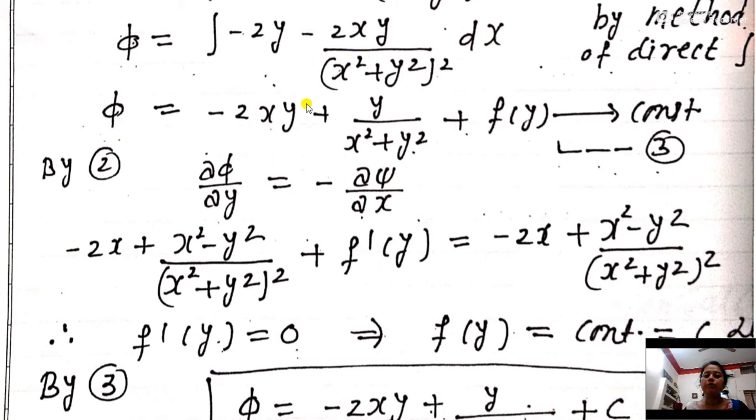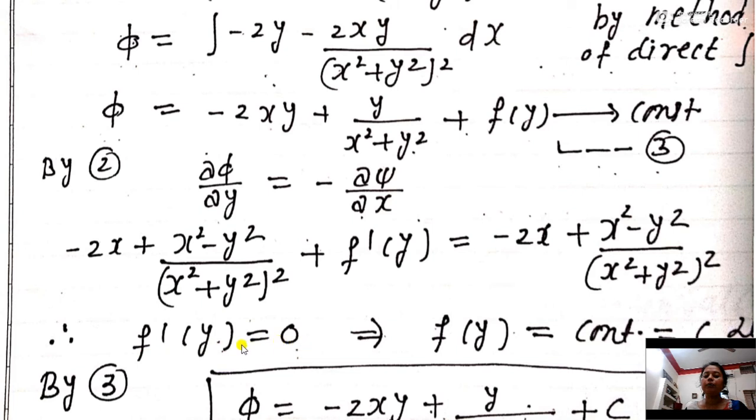So this is our phi, and if we differentiate it with respect to y, we have our left hand side, and by differentiating the value of psi with respect to x, we have our right hand side. On equating both the sides, we have f dash y is equal to 0. So we integrate both the sides.